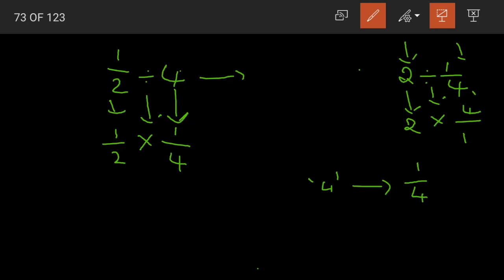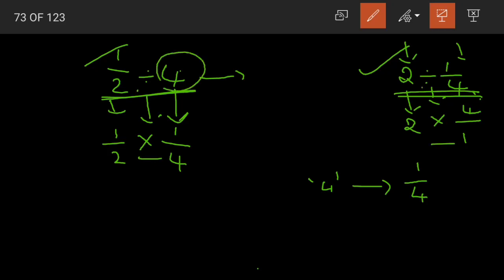Be it a whole number divided by a fraction or a fraction divided by a whole number, always the division symbol is changed into multiplication and we write the reciprocal of the divisor. Remember this point. Whose reciprocal do we write? We write the reciprocal of the divisor, children.